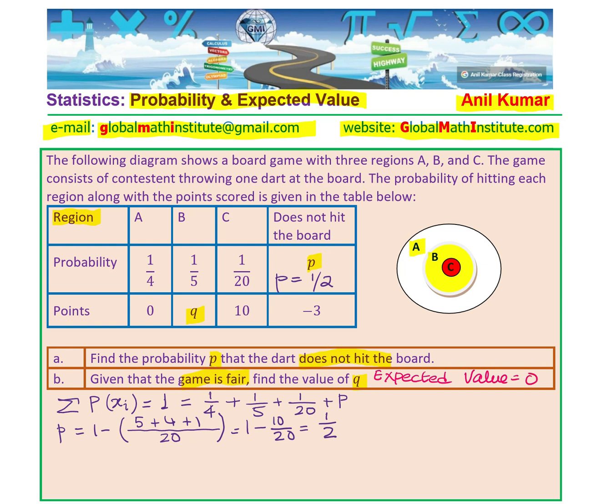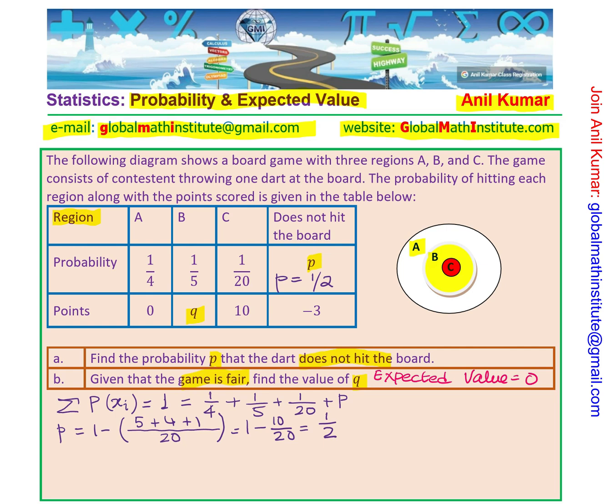That is the meaning of the game being fair. You're not paying anything for this game, it's free. But it being a fair game means that the net result will be 0.